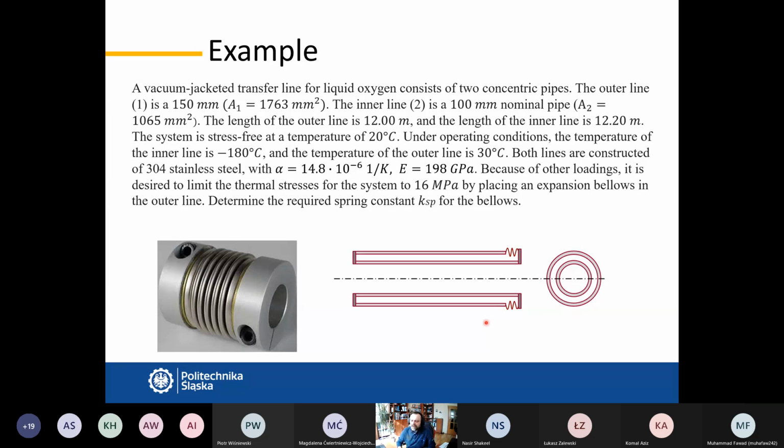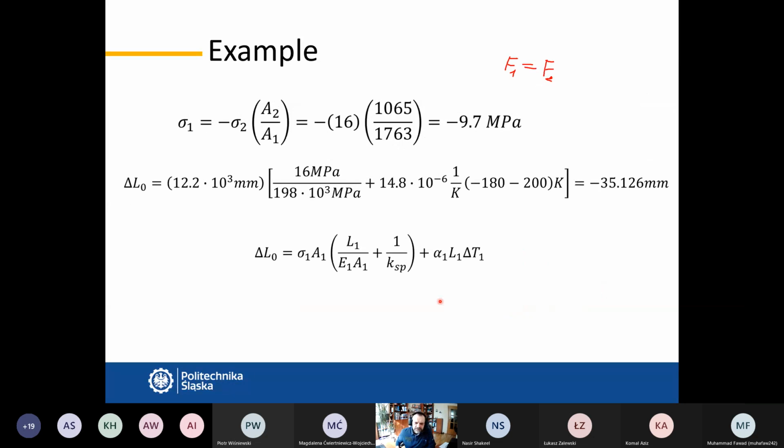Looking at the external pipe, we know that its change in length consists of change in length of the pipe and change in length of the, let's say, the bellows, so the spring element here. So this is the change in length of the external system, so change in length of the pipe and change in length due to the spring element.